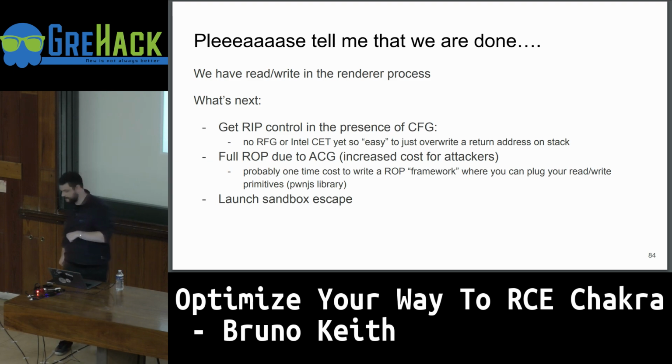Then basically in Edge we have to do full ROP. You can't just do a small ROP chain to map shellcode, because there's something called ACG, Arbitrary Code Guard, that will straight up prevent you from doing that at the OS level. But it's just a one-time cost to write a ROP framework where you can plug in your read and write primitive, which is basically what the Pwn.js library did when they released it.